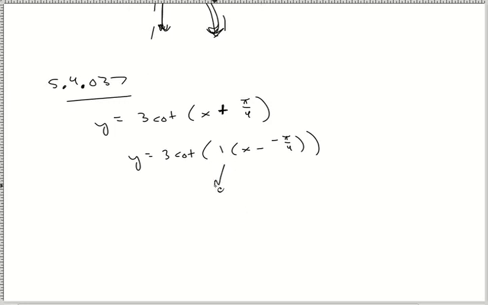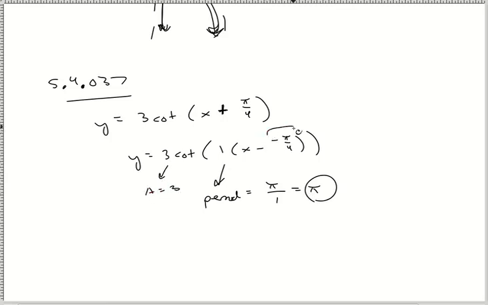So my period is 2 pi over b, 2 pi over 1. I'm sorry, whoa. Back up. See, I even messed it up. That happens. My period is a cotangent thing. It's pi over b, pi over 1, so just pi. Whew. Watch out. Amplitude is 3.